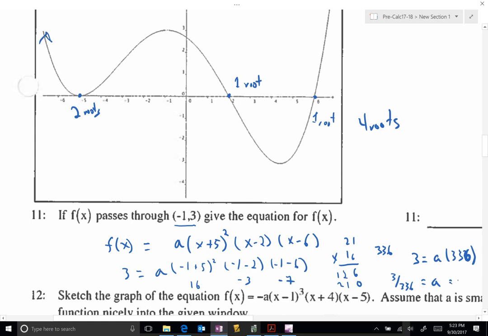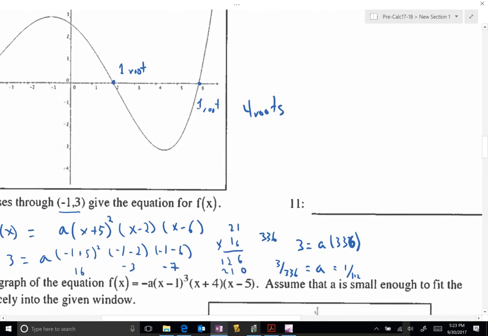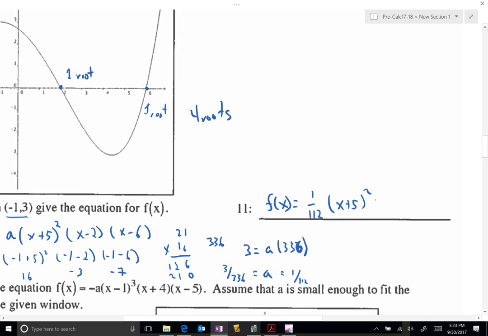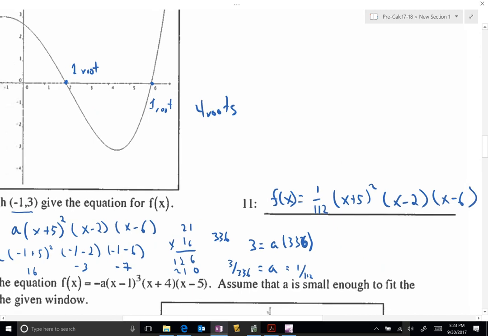And when we do that, we get 1 over 112. And so our final equation would look like this. f of x equals 1 over 112 times x plus 5 squared, x minus 2, and x minus 6. And we don't need to multiply that, we'll just keep it in intercept form.